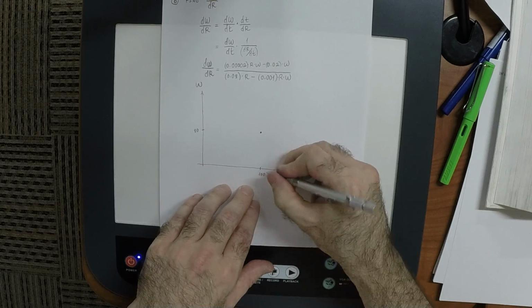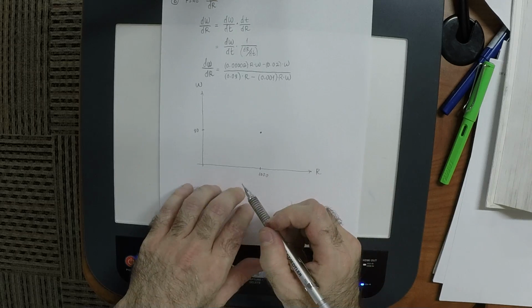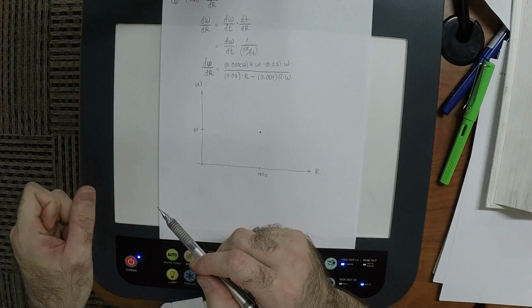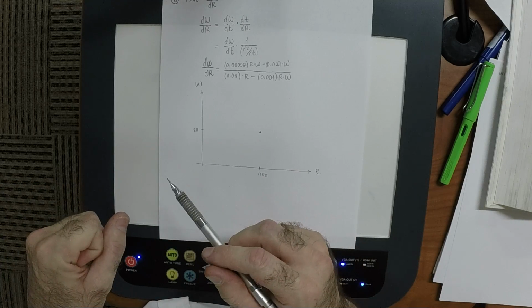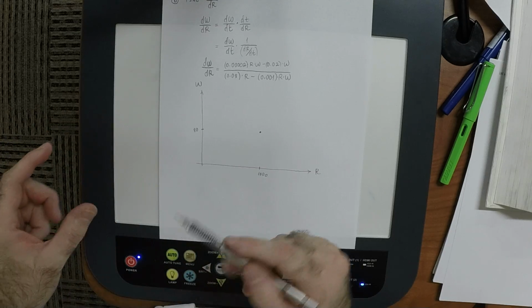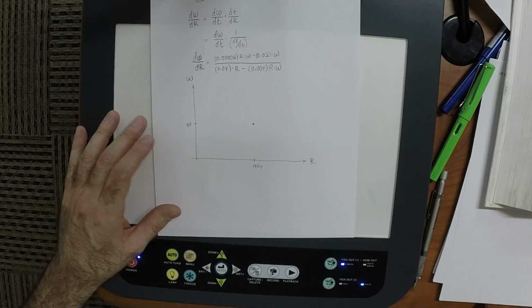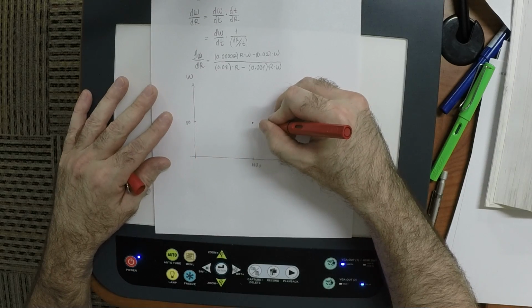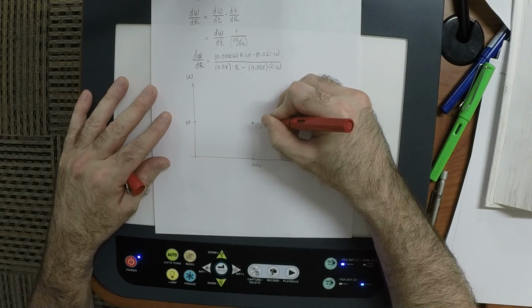So if we ever get more than 1,000 rabbits, then the number of wolves can increase, right? Because there's going to be more to eat, and then the number of rabbits will decrease. So what's going to happen? We're basically out of time. What's going to happen is that the slope field is going to end up looking like this.